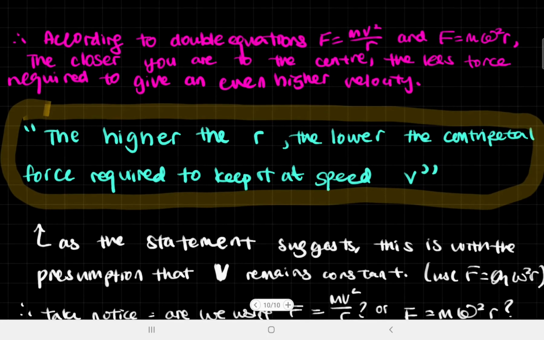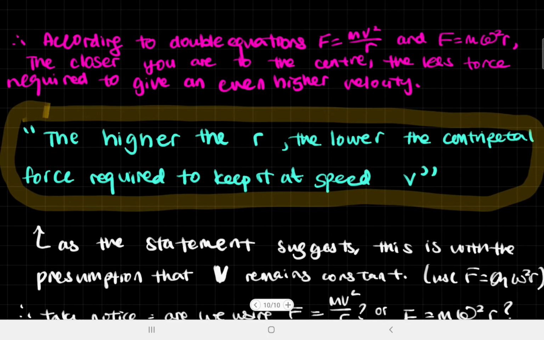Over here it says, according to the two equations, the closer you are to the center, the less force it is required to give you an even higher velocity. And that is indicated by this equation, not by this one.